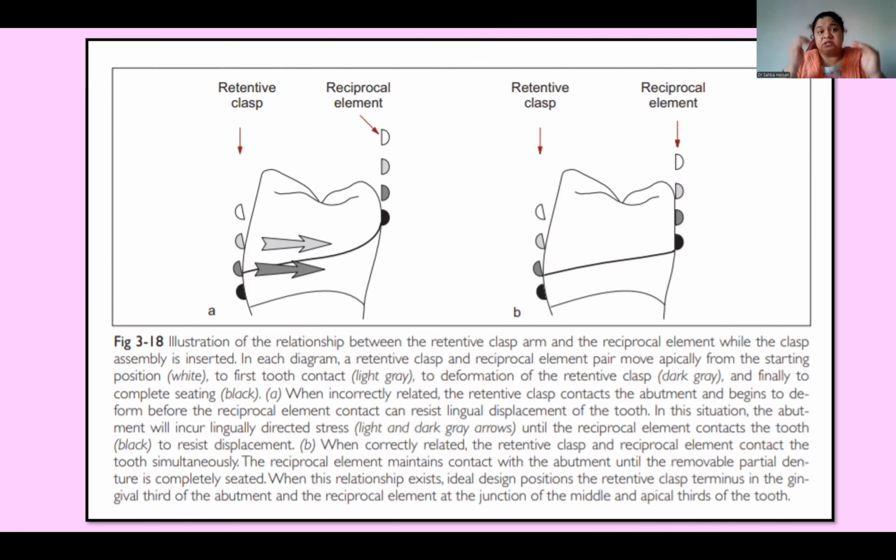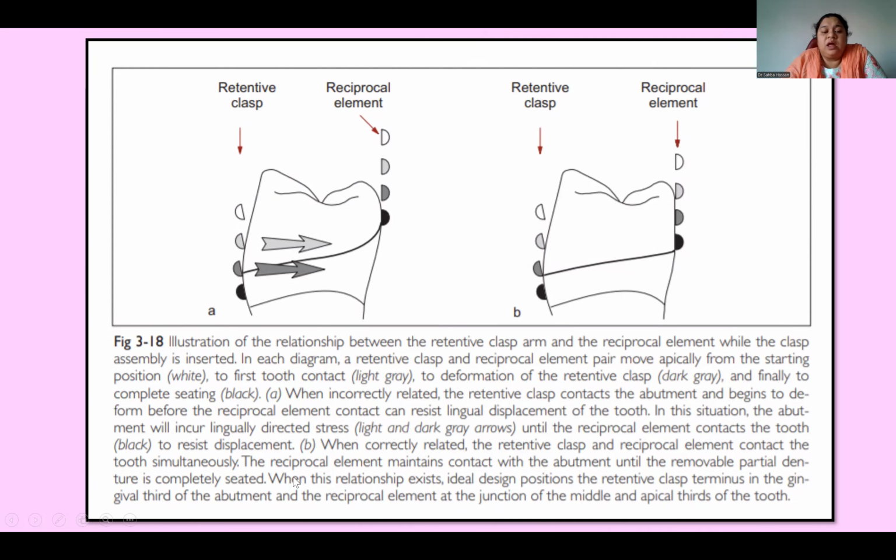First reciprocal, then retentive. See how beautifully it is given in the diagram. A is wrong: here the retentive is fully placed and the reciprocal has just touched. It should not be like that. And in the final position, both should contact simultaneously.